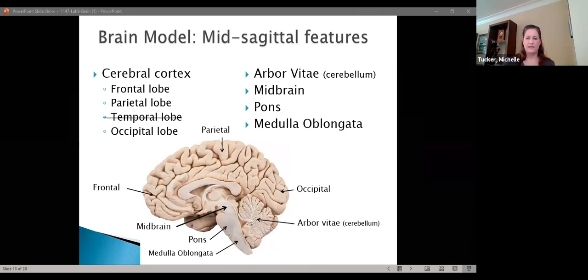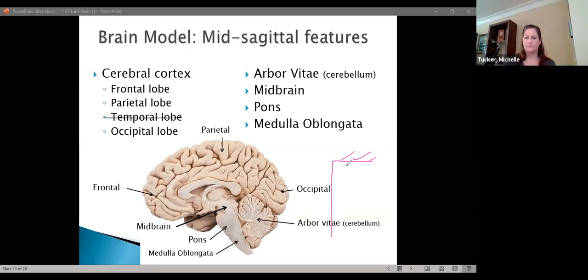We also have the arbor vitae, which should kind of look familiar. Last week, we had our spinal cord. We had our deep gray horns surrounded by white matter. So that white matter then came up the spinal cord in columns. And now some of those fibers are going to run into the arbor vitae.